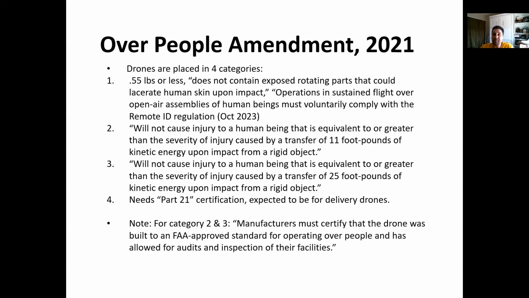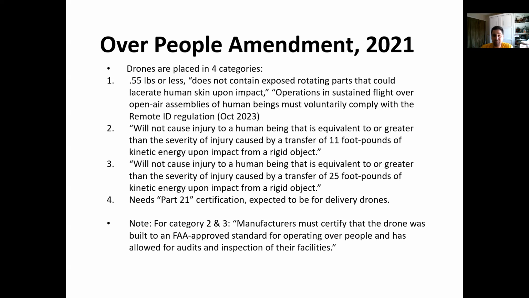So to me, there's some interpretation there. And these are brand new amendments as well. Frankly, I'm not personally a fan of those little prop guard things because they're just awkward. So yeah, I'm telling you what the rules are. I'm giving you some anecdotal feedback, in my opinion.